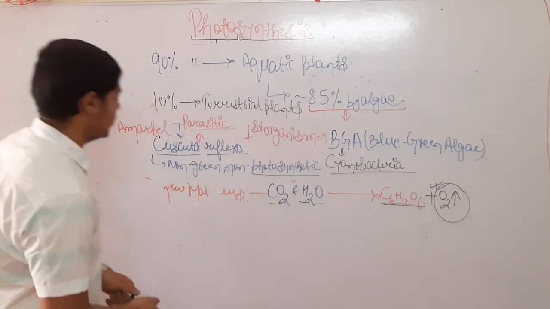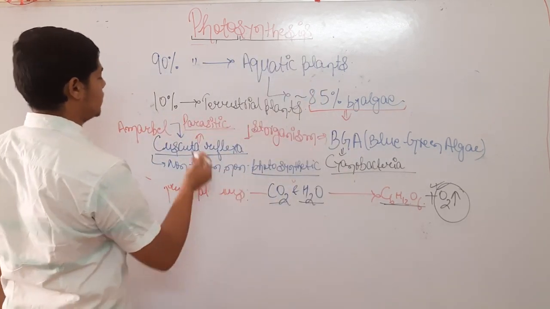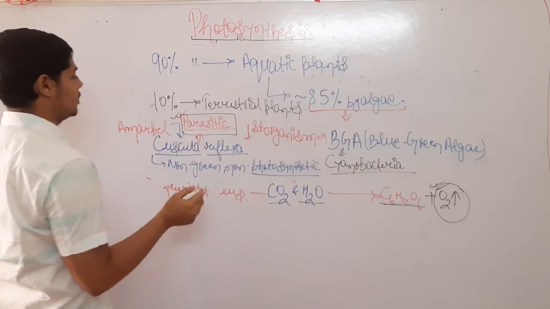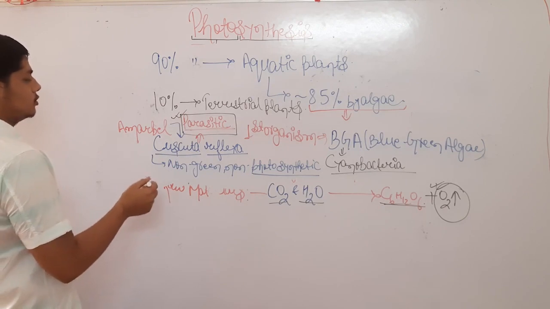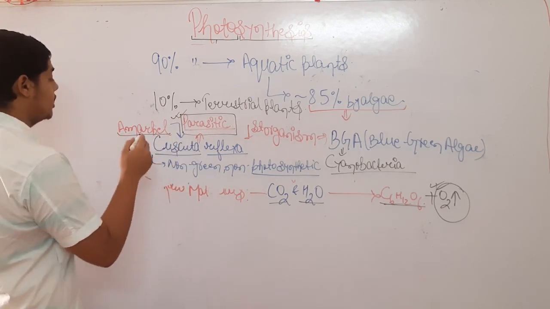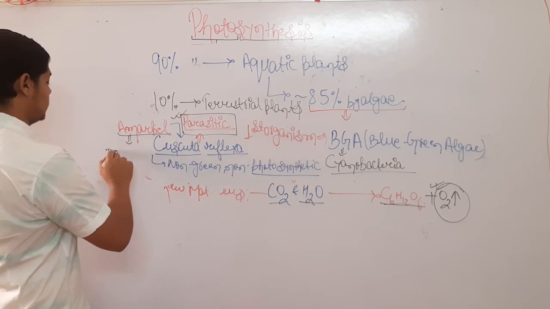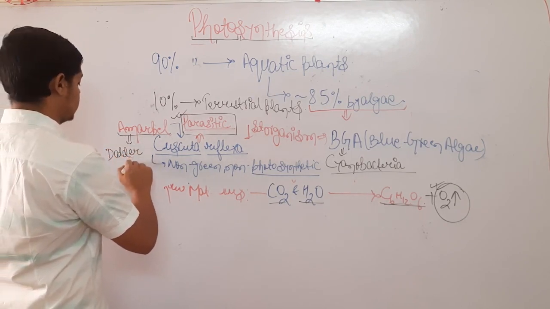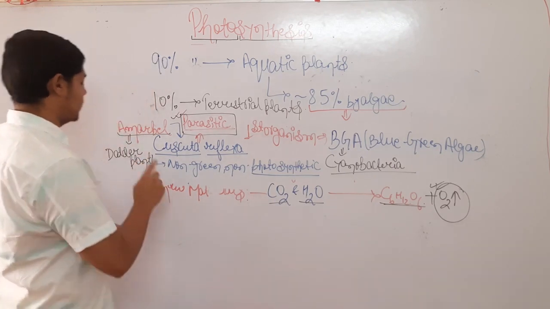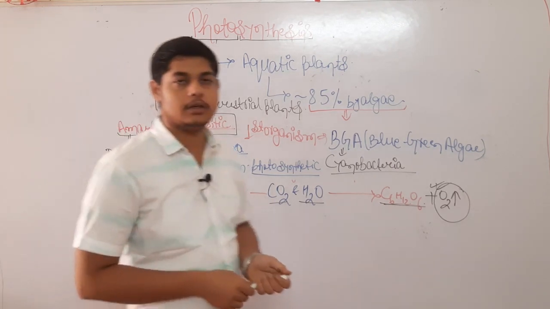So Cuscuta reflexa is non-green, non-photosynthetic and parasitic. This can be asked as which of the following plants is parasitic. They may give the option amarbel or Cuscuta reflexa, or it is sometimes also called the dodder plant.